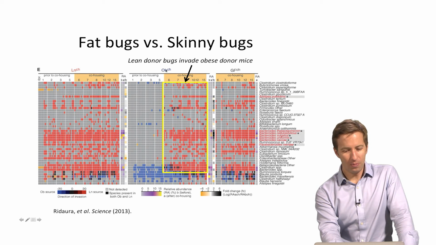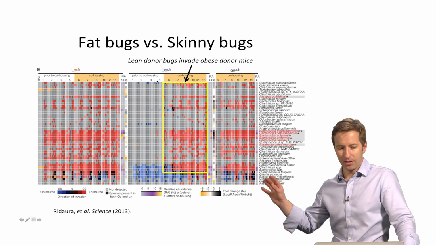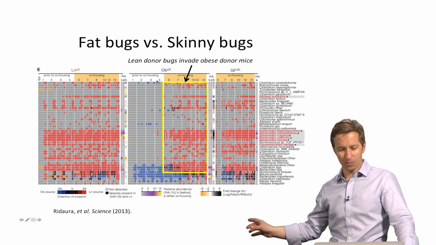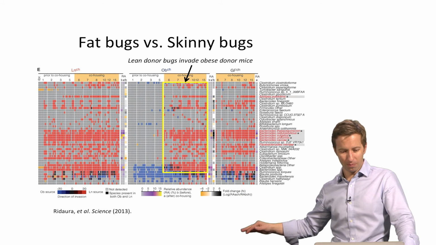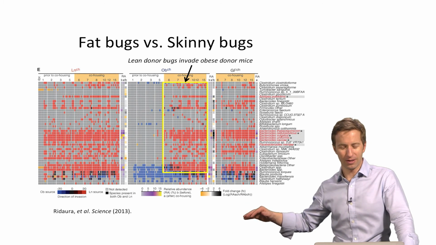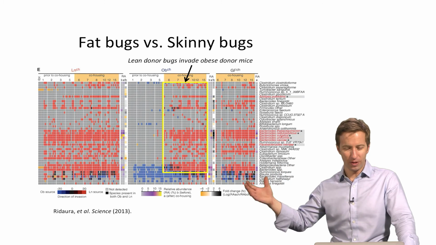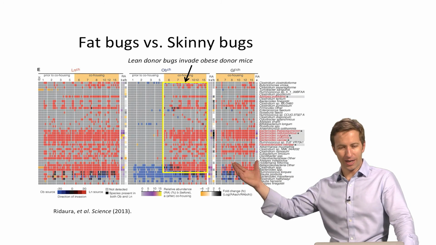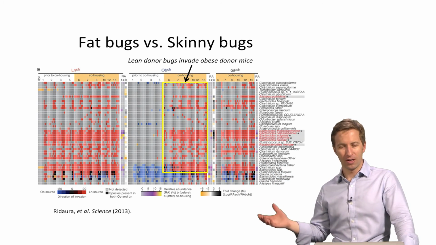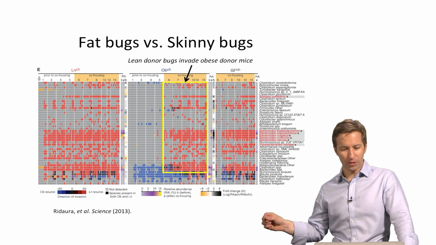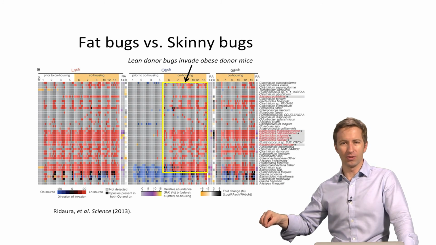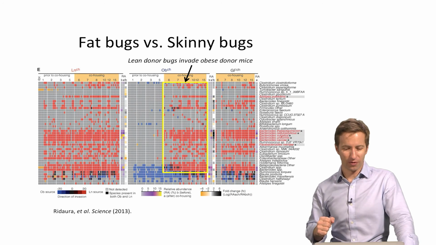In the obese mouse, that's the middle large block. And on the left half of that middle large block, you see the blue bugs. Those are bugs that were estimated to come from the obese donor. So these are assignments, red and blue, made by Sourcetracker for which bug in individual samples came from which source environment.